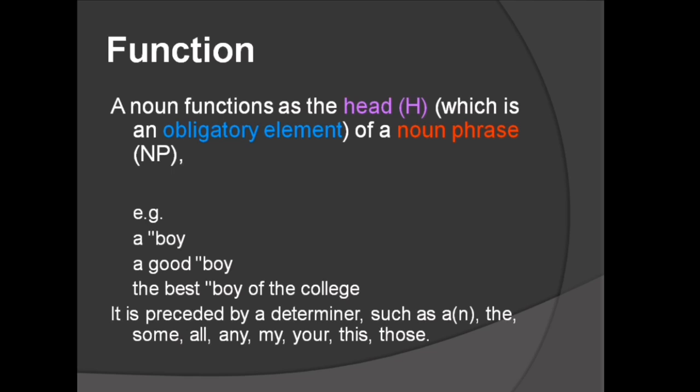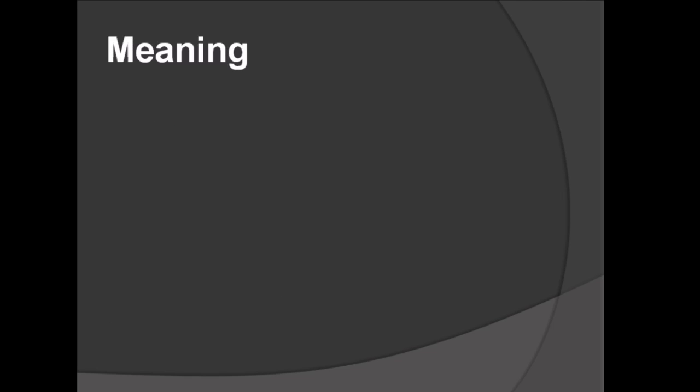In the best boy of the college, boy is again the head word, and it is also the obligatory element in this noun phrase. It is preceded by, as you watch here, a determiner, for example a, the, some, and many more. So this is the important function of the noun.